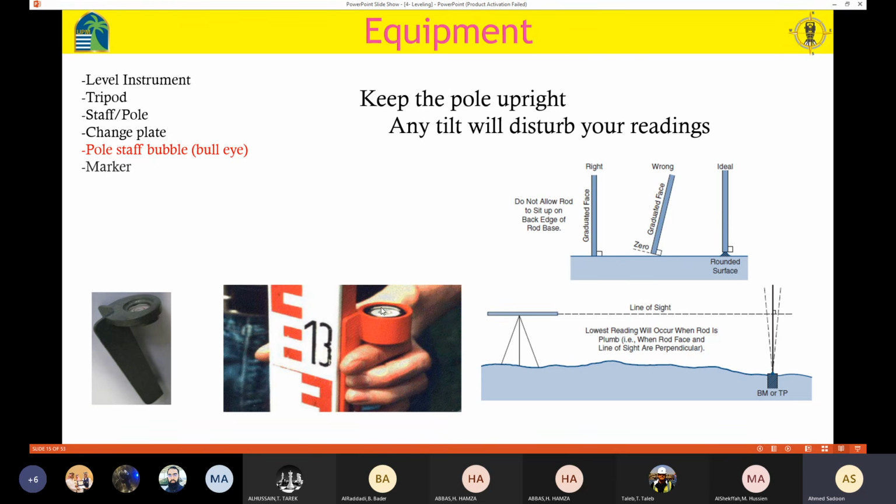When the bubble is in the middle, it means that the staff is perfectly upright. Because if the staff is going to tilt, then the reading is going to be affected by this. That is why this one is important for you. It's important that the staff be perfectly vertical.